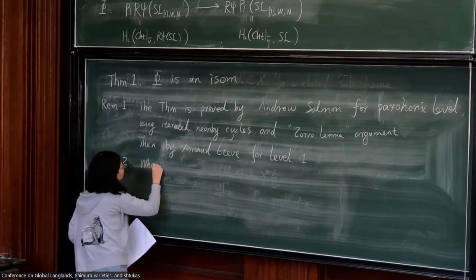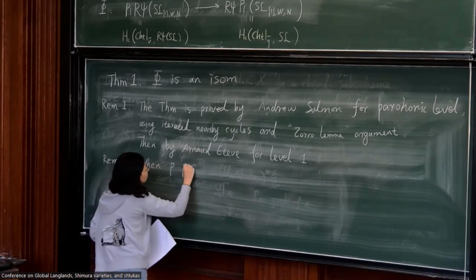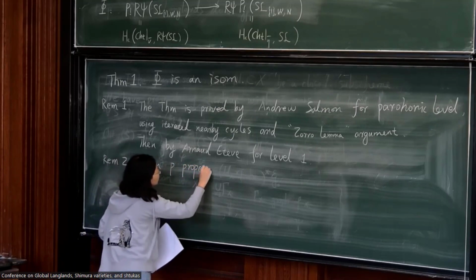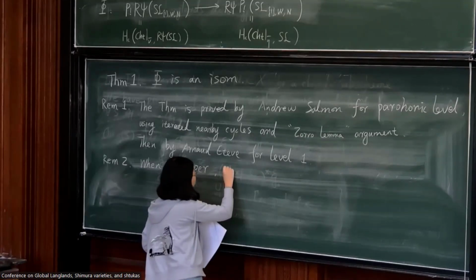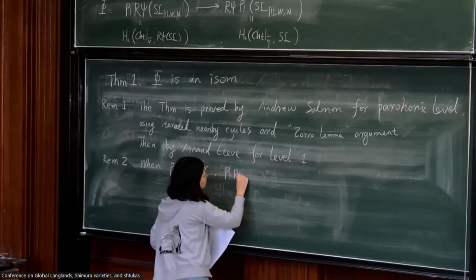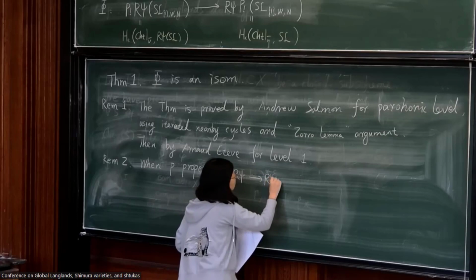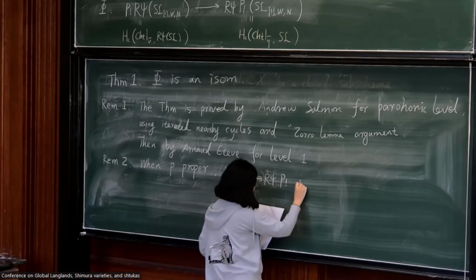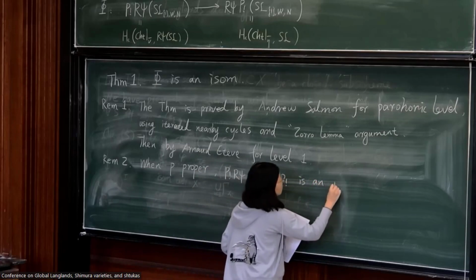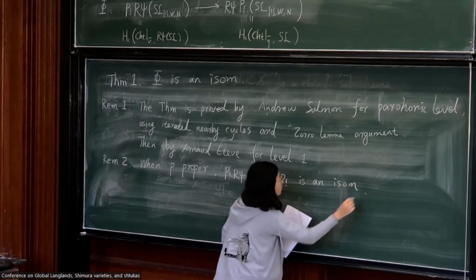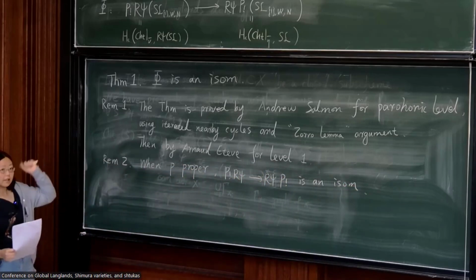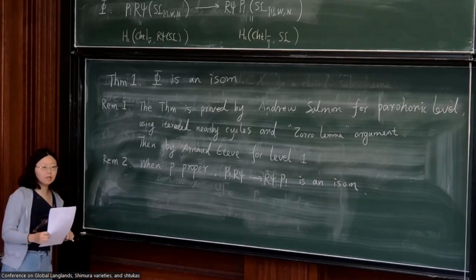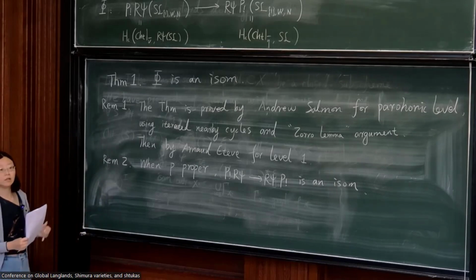We know that when f is a proper morphism, this functor is always an isomorphism. Unfortunately, in the case of shtukas, most of the time, this map is not proper.